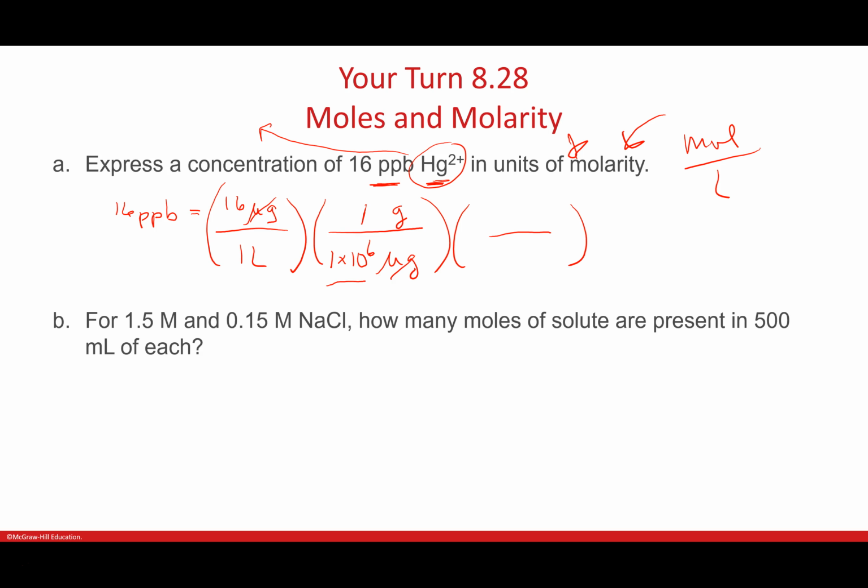What number? Oh, the decimal number. 200.59. Okay, and that's what I call the decimal number for mercury, and it serves double duty. It is how much a mercury atom weighs, but it's also the grams per mole. It's what we call the molar mass of mercury.